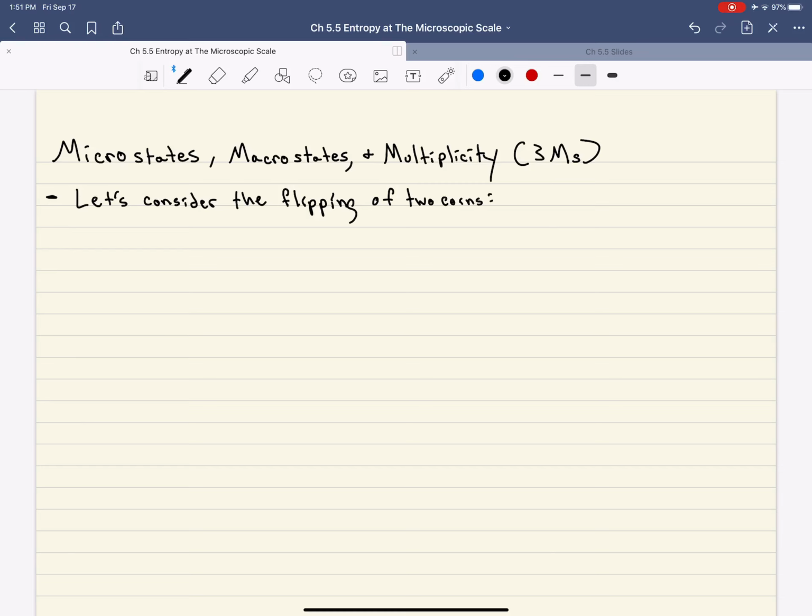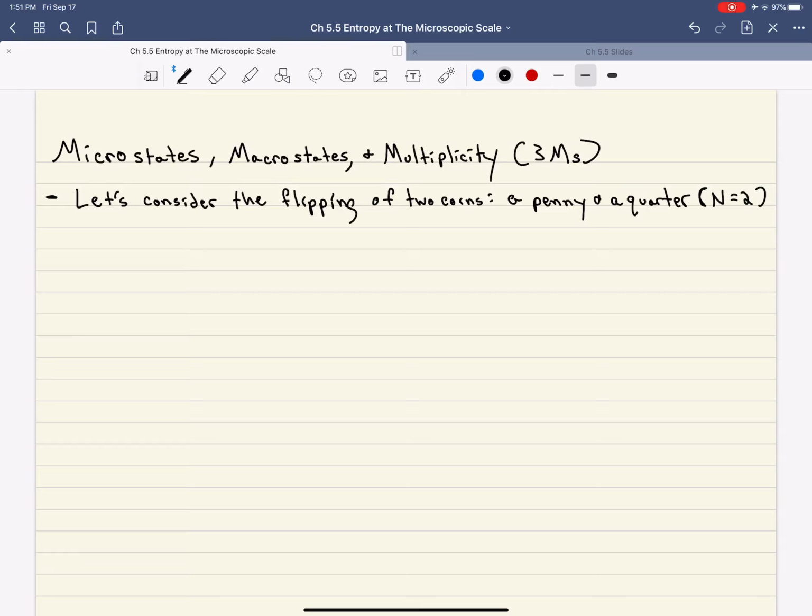Imagine that we're flipping a penny and a quarter. So two different types of coins. And the number of coins we have is 2. So I'm going to say n is equal to 2.